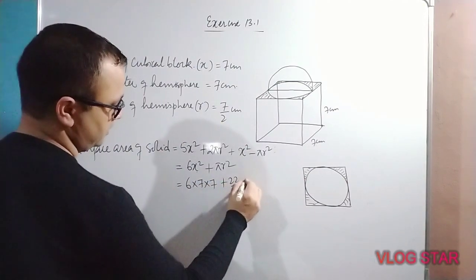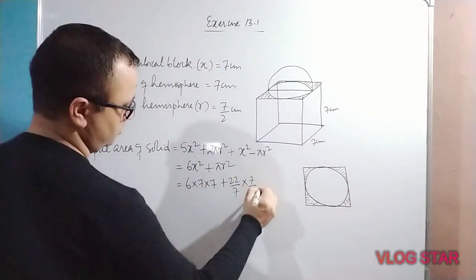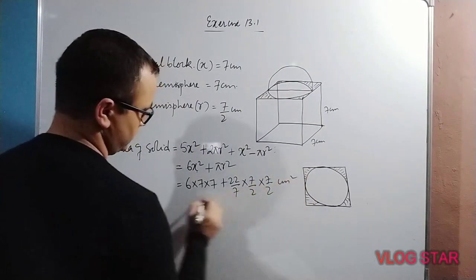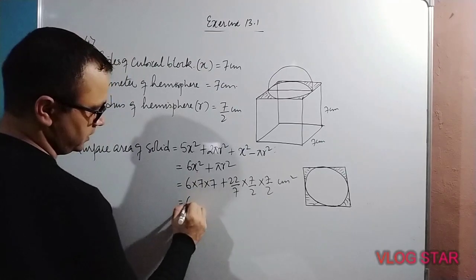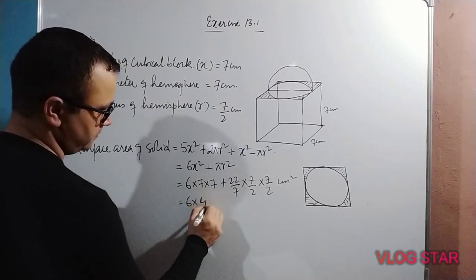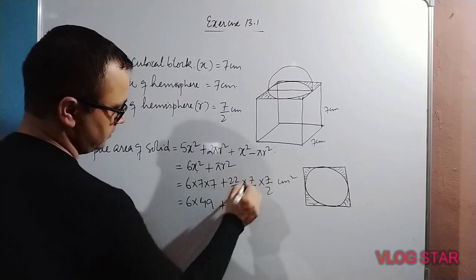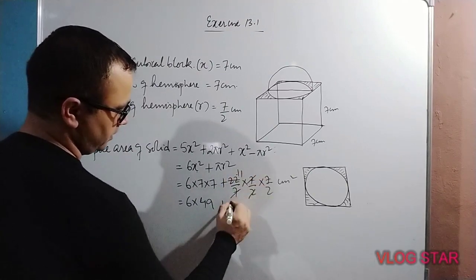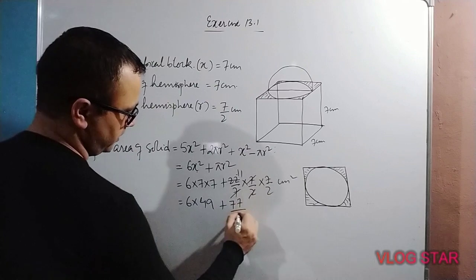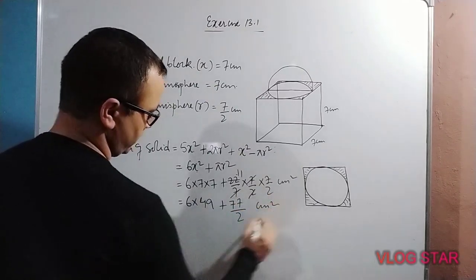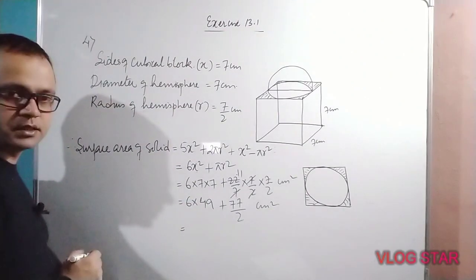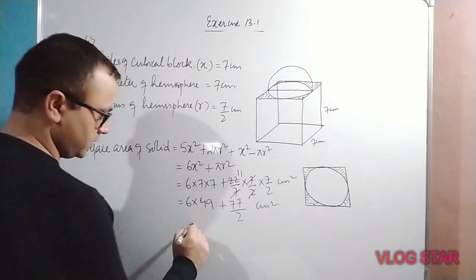Now put the values: 6 into 7 into 7, plus pi is 22 upon 7, into radius 7 by 2 into 7 by 2 centimeter square. Now this is 6 into 49 plus 77 divided by 2 centimeter square. So this equals 6 into 50 is 300, 300 minus 6 is 294.